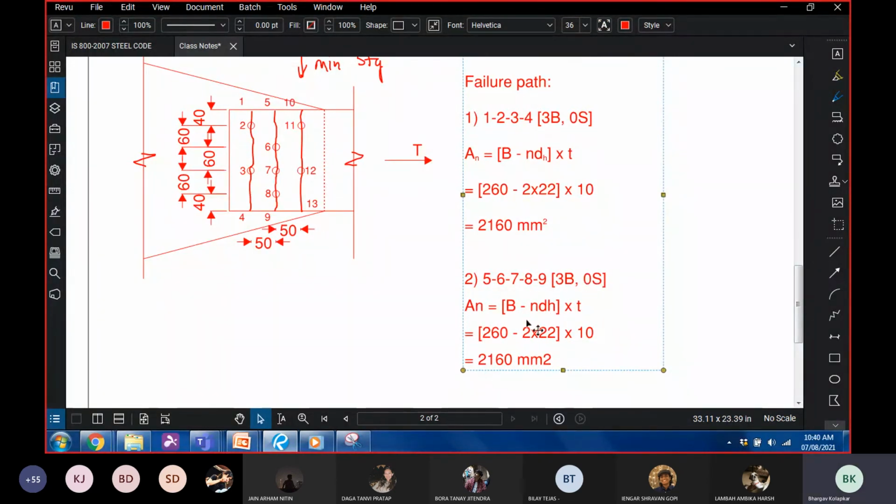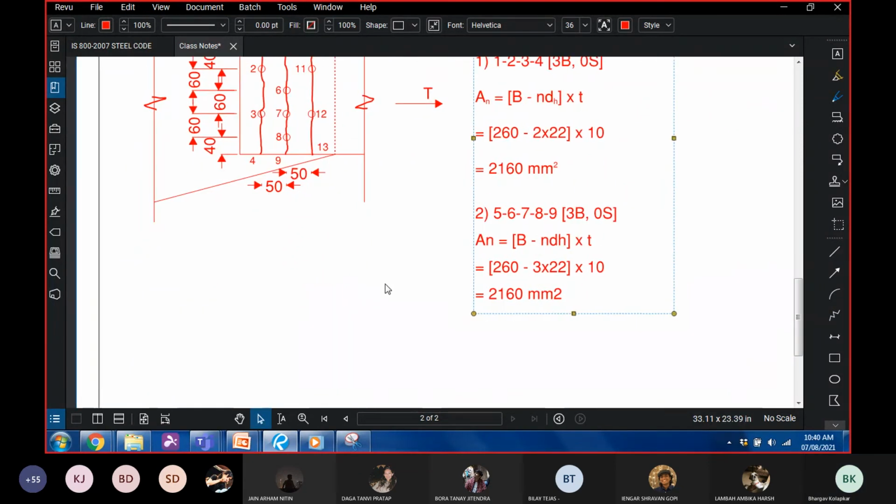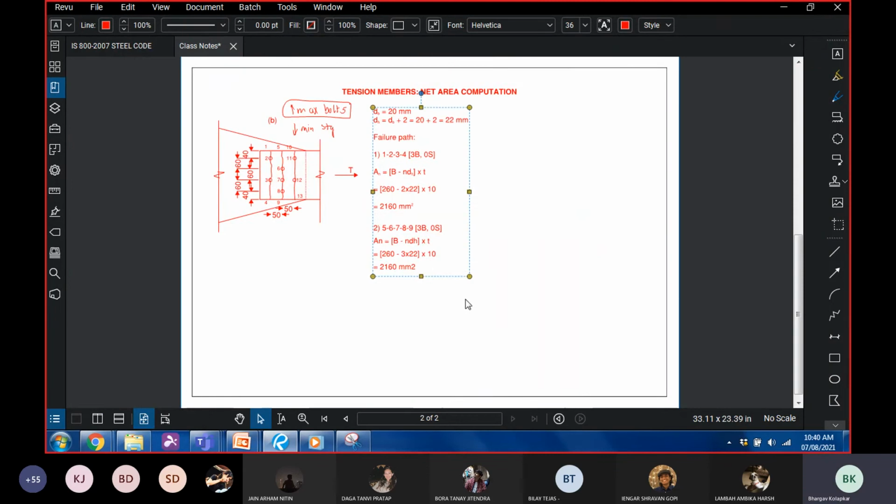So 6, 7, 8 are the bolt holes. In that case, we have 260 minus 3 times 22 into 10. Can someone quickly give me a number? 1940. 1940. Perfect.